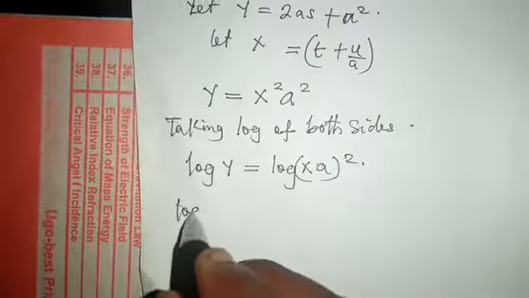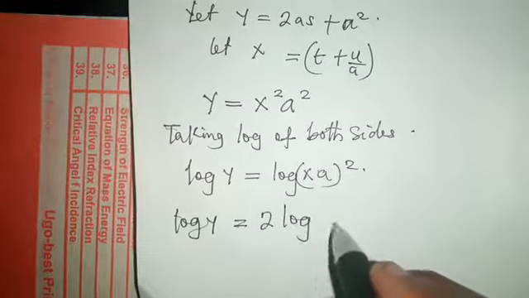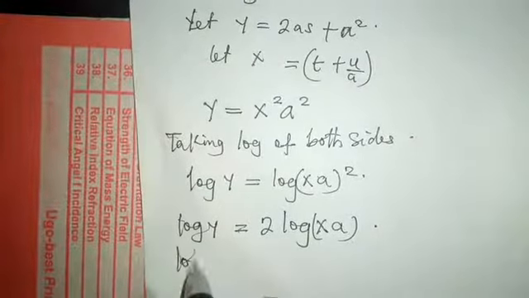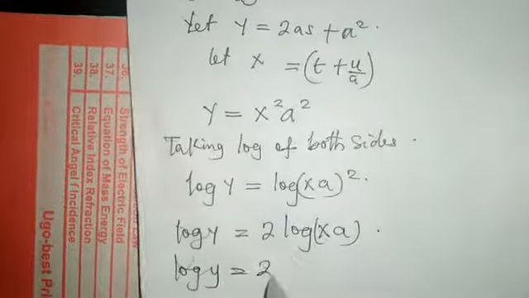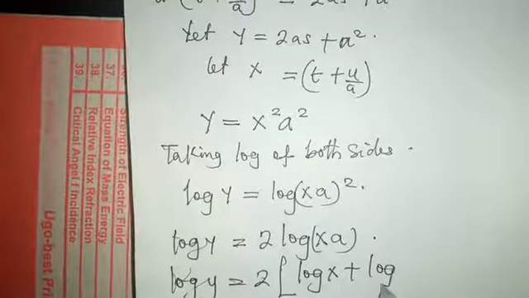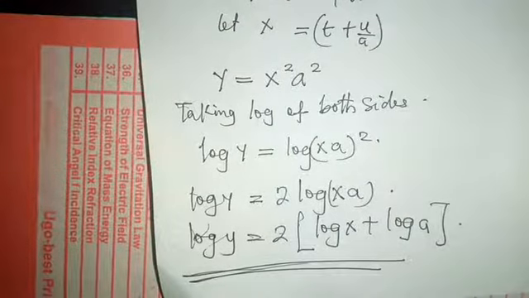Now I'll have log y equal to 2 log of xa. I can go further by saying log y is equal to 2 log x plus log a. This is the straight line equation.